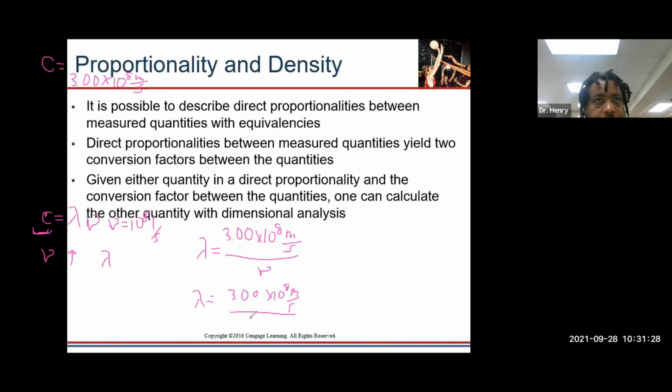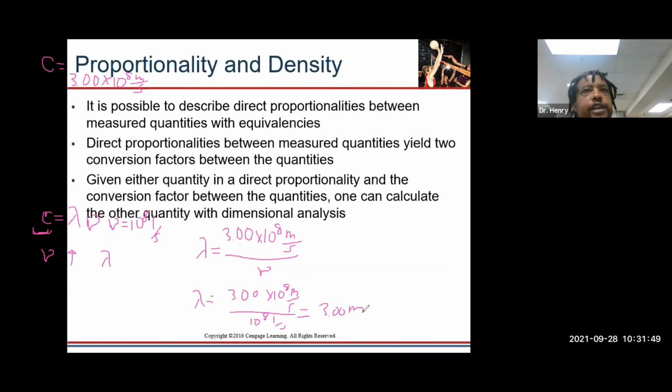We divide that by 10 to the 8th, 1 over seconds. So this is going to equal 3.0 meters.